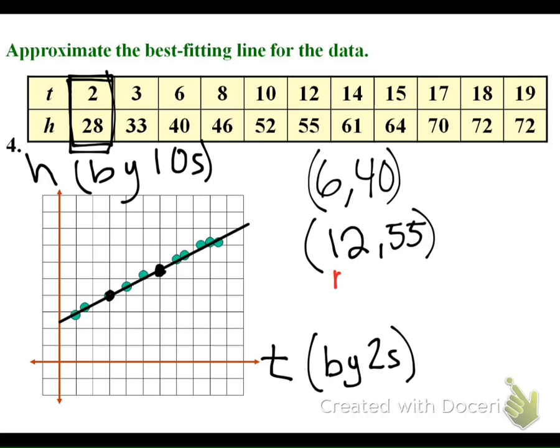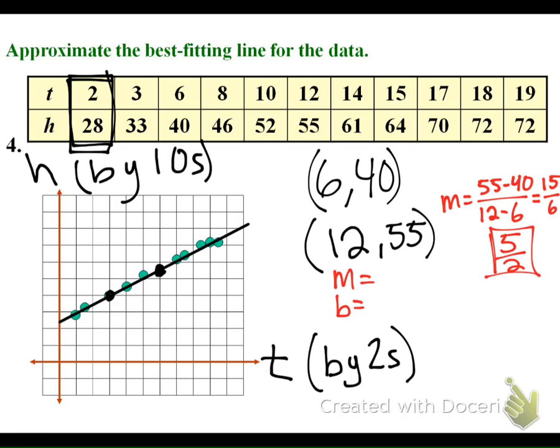So I need to find M and I need to find B. How am I going to find M? 55 minus 40 over 12 minus 6. Very good. All right, when I subtract, I'm getting 15 over 6, which reduces to 5 halves. Great. That's my M. Now I need to find B. How am I going to find B?